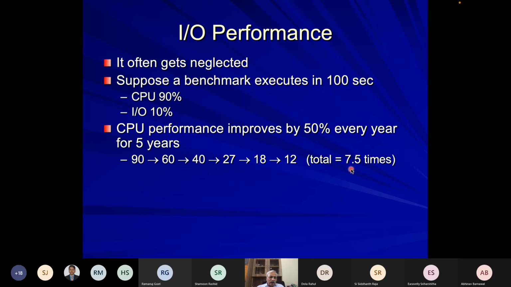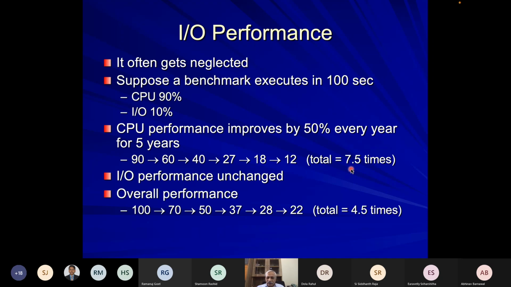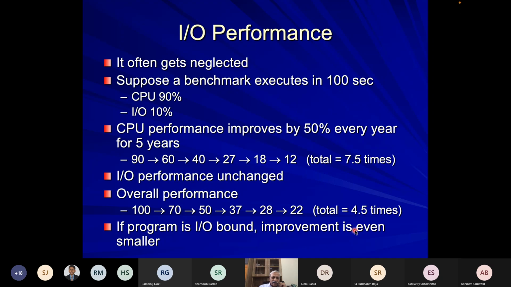If IO has remained unchanged, which is largely the case, then recall Amdahl's law: with the IO part remaining unchanged, only the 90% is reducing. The overall performance wouldn't have improved by the same factor. The overall improvement comes much lower. And if you are considering a program which is IO bound, then the improvement is much smaller.